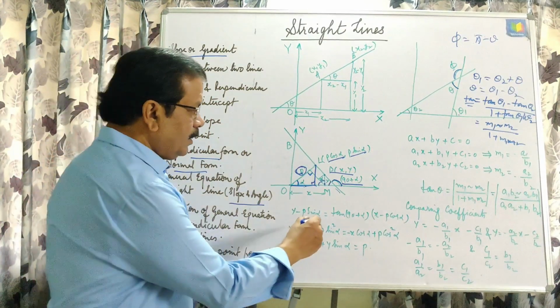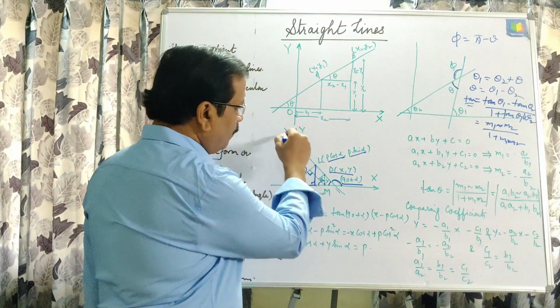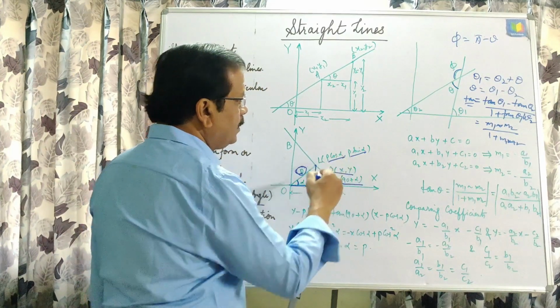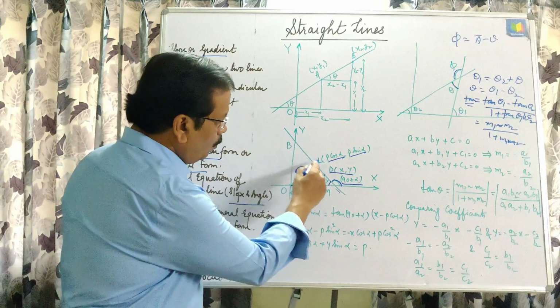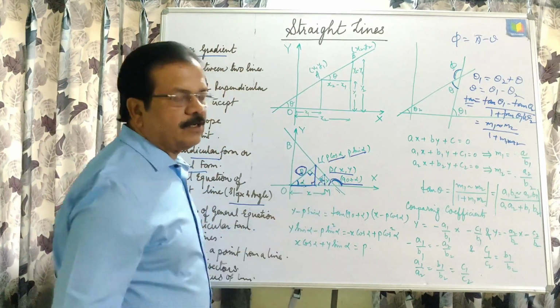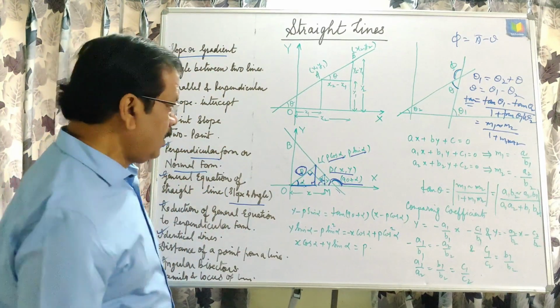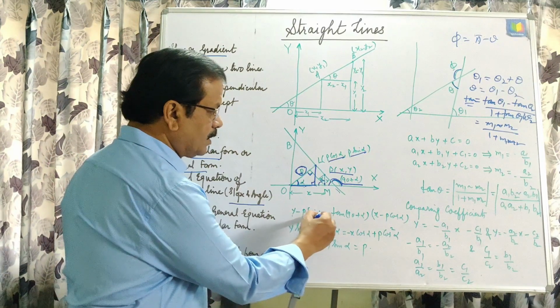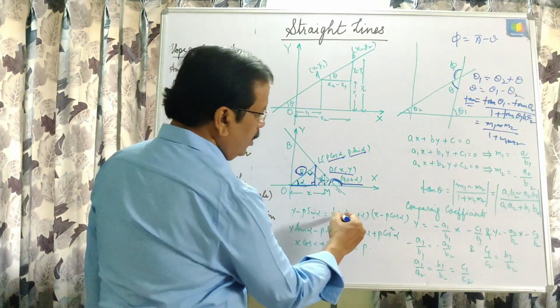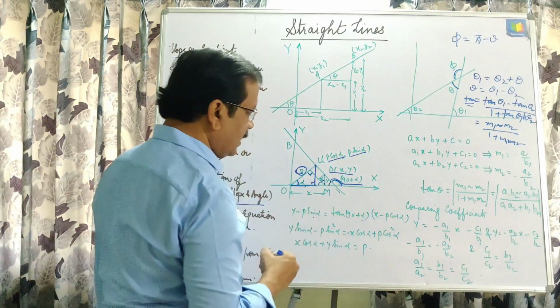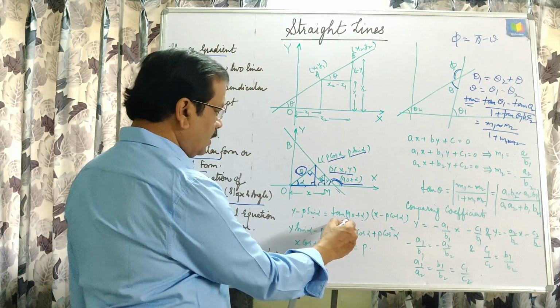Using the point slope formula of this line, since this point is on the line and the slope made with the positive direction of the x-axis is 90 plus alpha, y minus y1 is equal to tan of 90 plus alpha times x minus x1, and this will be minus cot alpha.